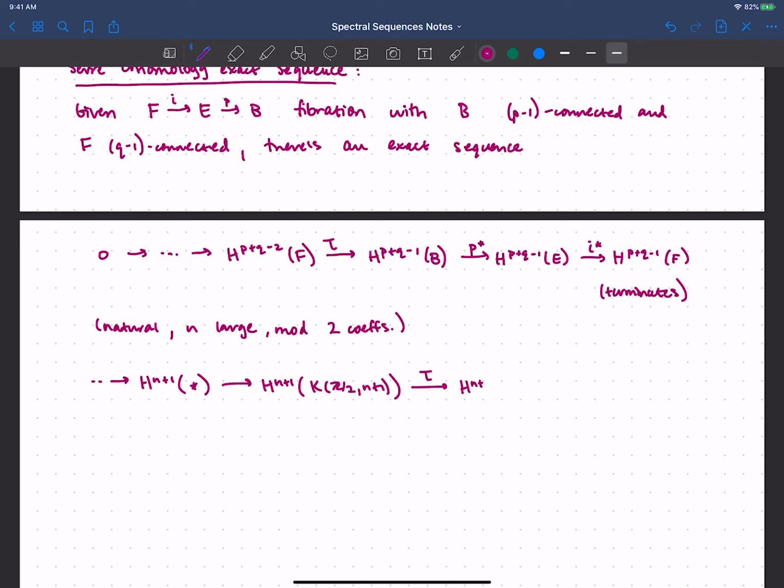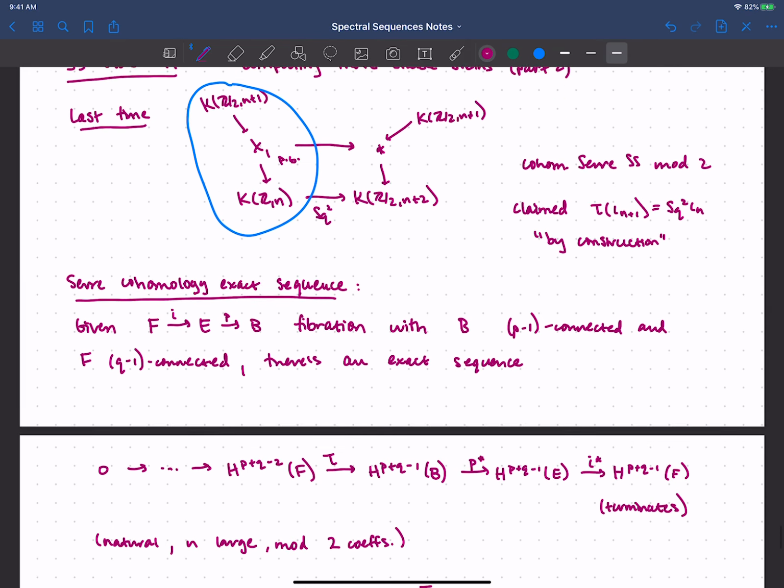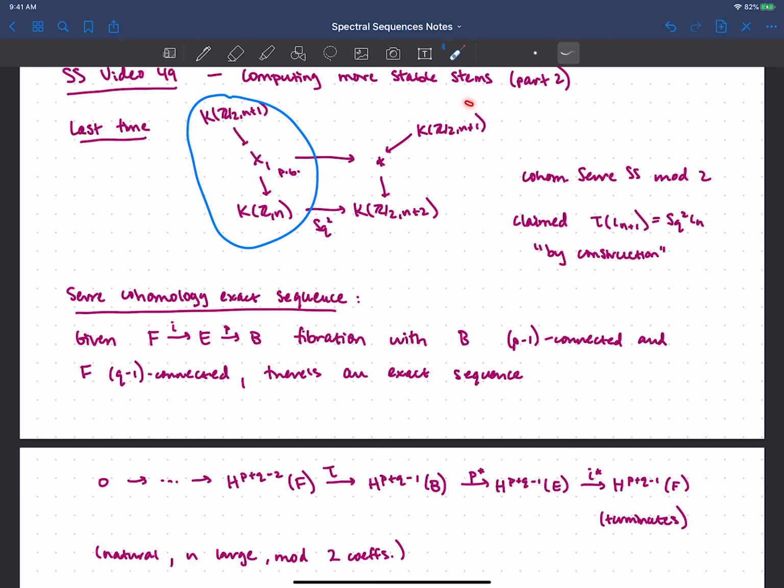So that's H^(n+2) of the base, and the base on that side, the right side, was K(Z/2, n+2). And continues on.